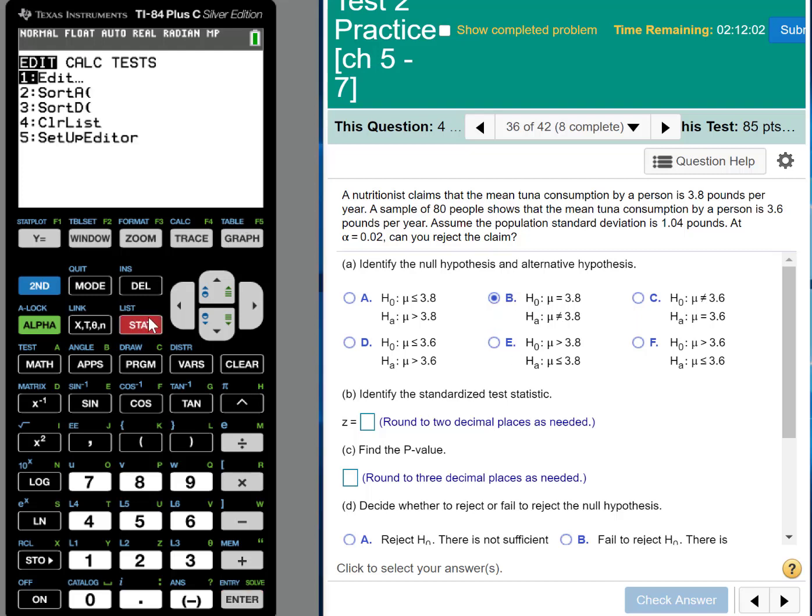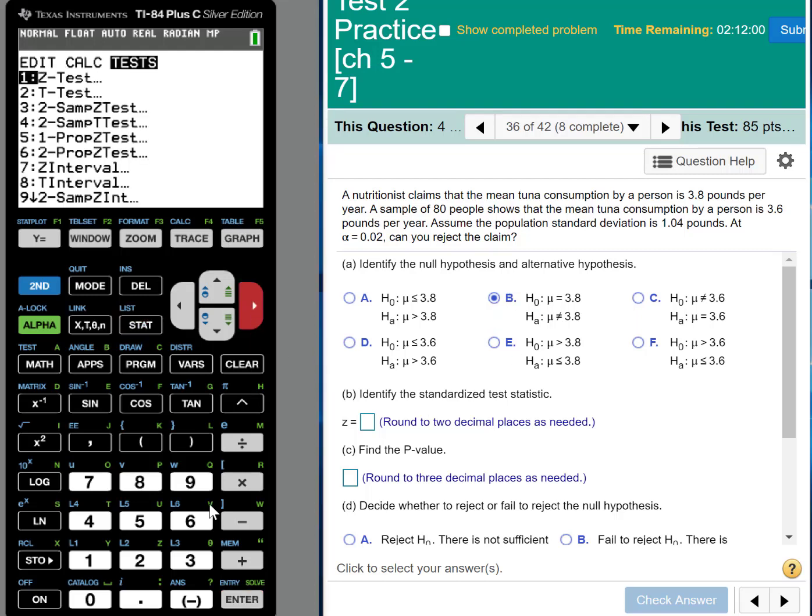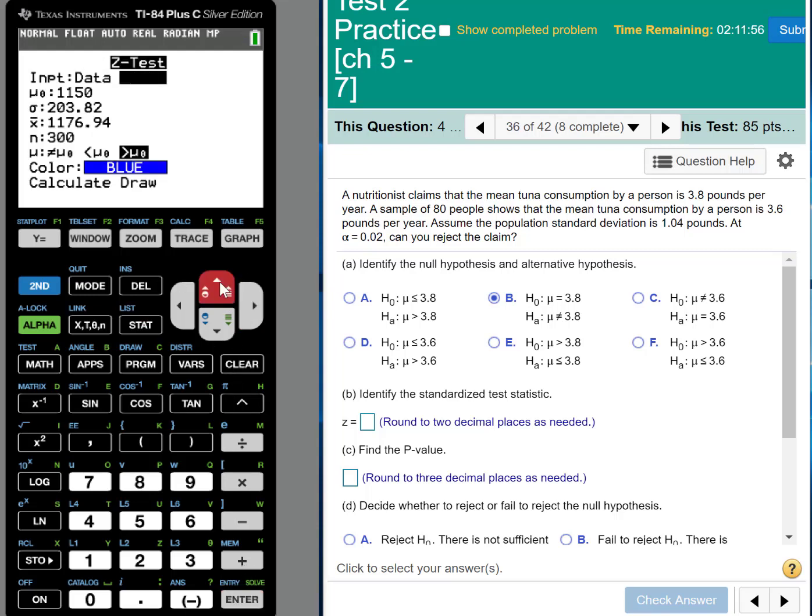Okay, let's run the Z test. All right. Mu0 against 3.8. Sigma is 1.04. X bar is 3.6.